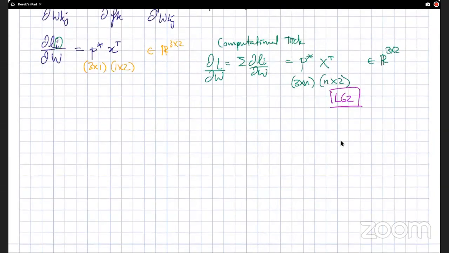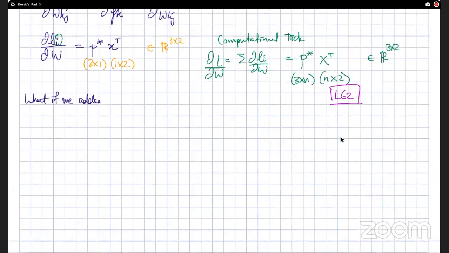All right, so let us go to the next step. What if we added another layer? Here it's a little bit like starting off with the previous one, but now instead of my X being here, this is going to be my H, my F is still the same, and my X is going to be here.